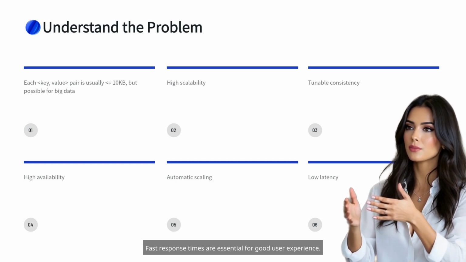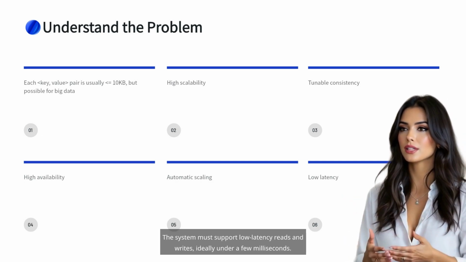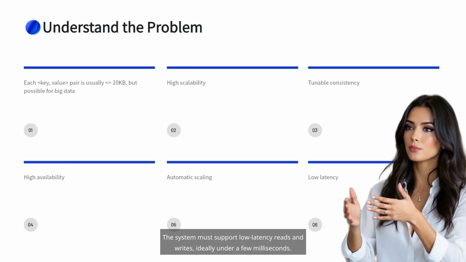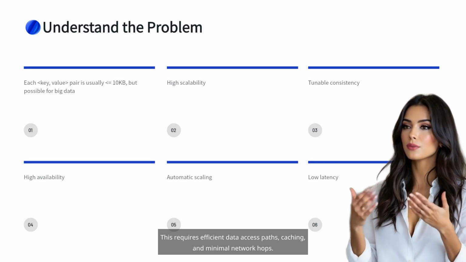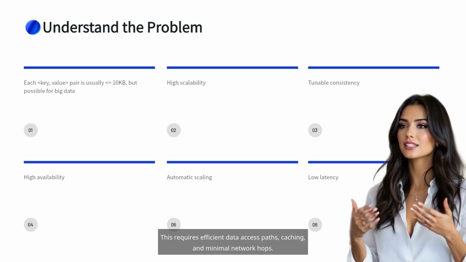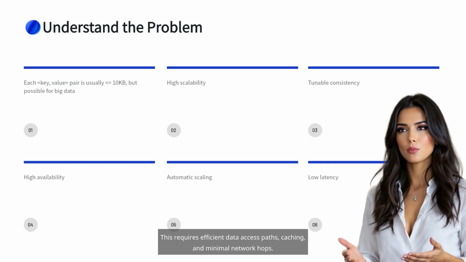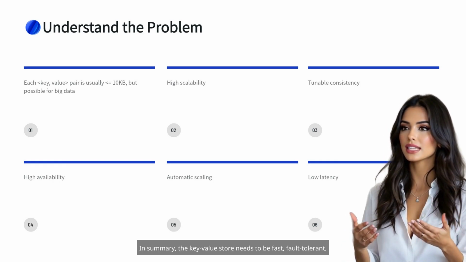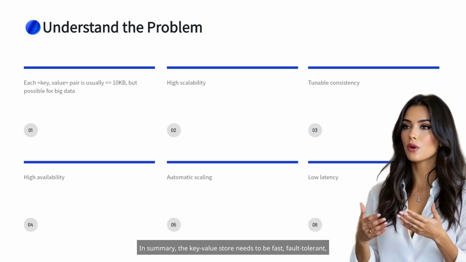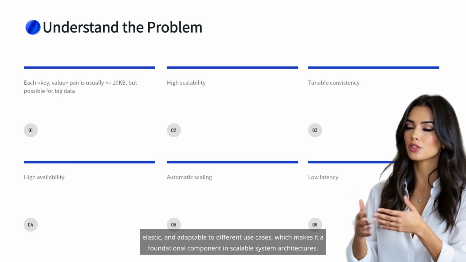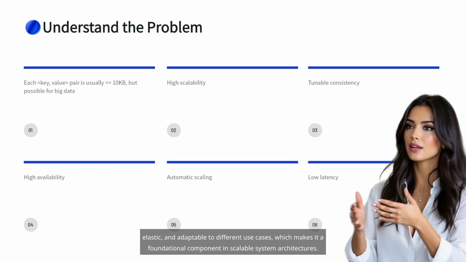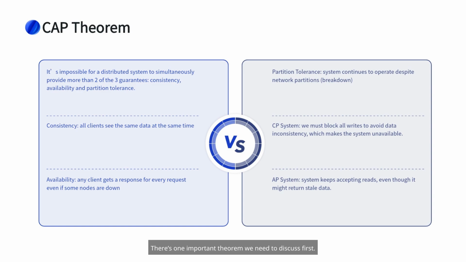Fast response times are essential for good user experience. The system must support low latency reads and writes, ideally under a few milliseconds. This requires efficient data access paths, caching, and minimal network hops. In summary, the key value store needs to be fast, fault-tolerant, elastic, and adaptable to different use cases, which makes it a foundational component in scalable system architectures.